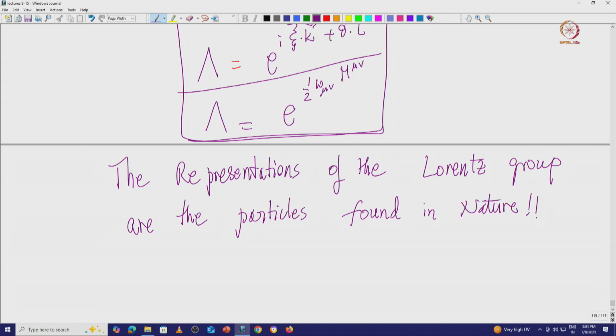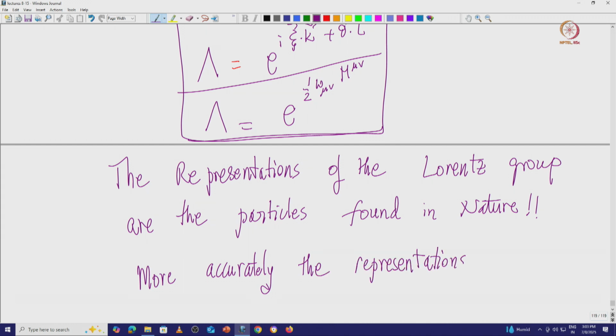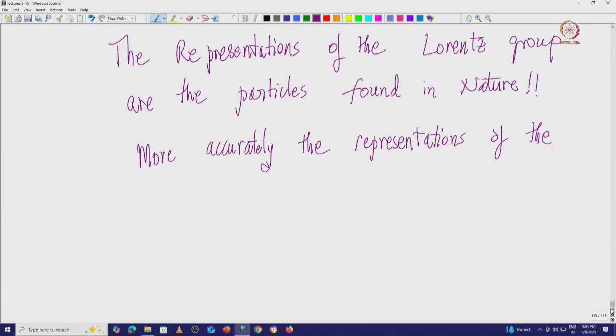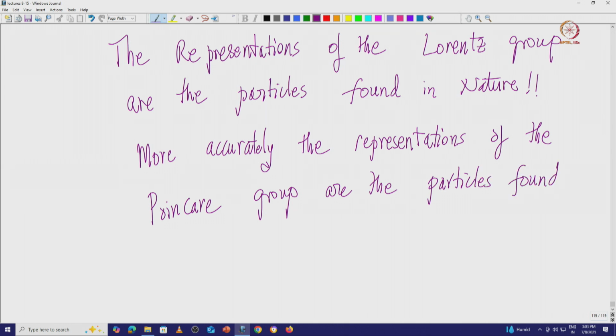Okay, this statement is not exactly accurate. More accurately, the representations of the Poincare group are the particles found in nature. We won't go into great detail of the Poincare group.